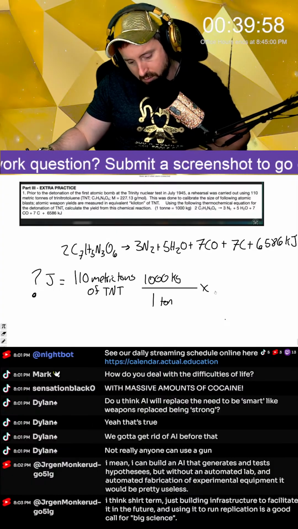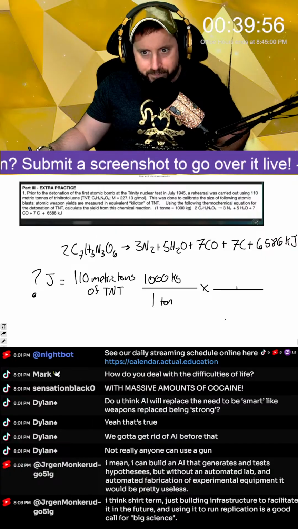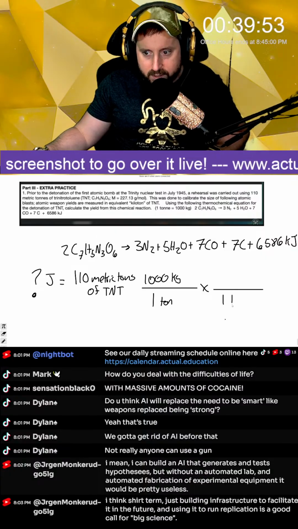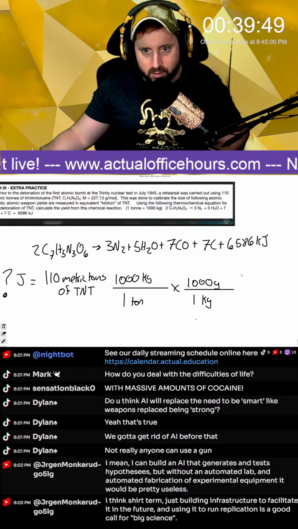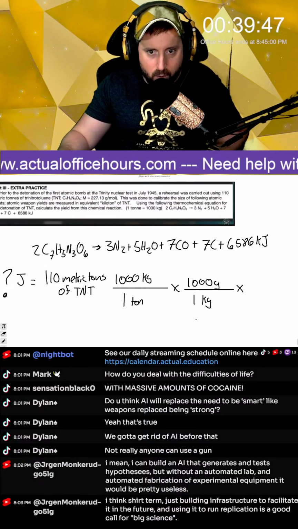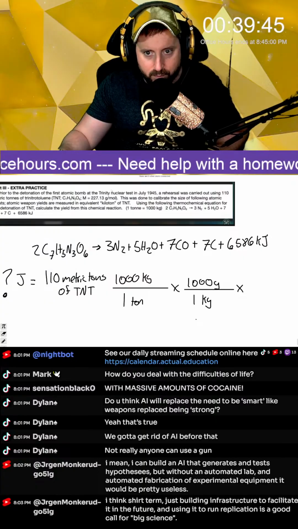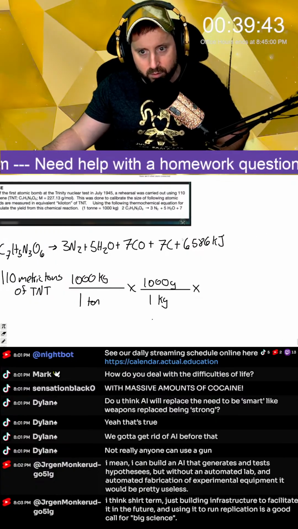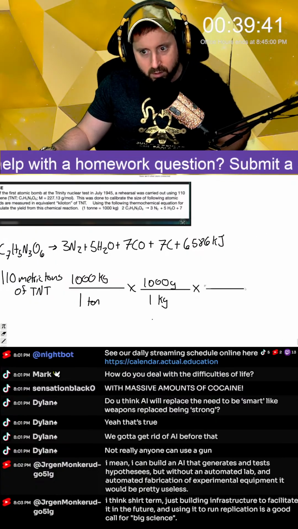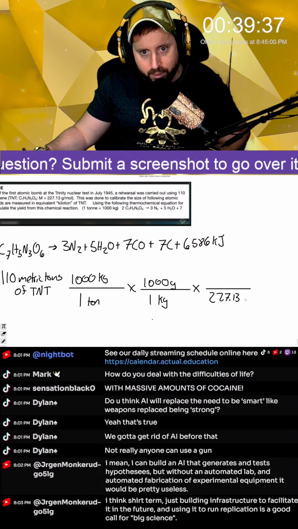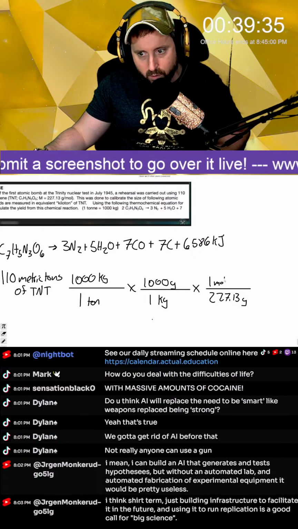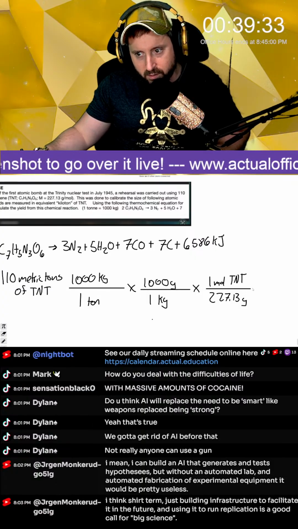So I can put down here 1 ton is 1,000 kgs. And then 1 kg is 1,000 grams. The reason I'm doing that is because I know eventually I want the moles of this, but I only have the grams per mole of the TNT. So then I can say that 227.13 grams is equal to 1 mole of TNT.